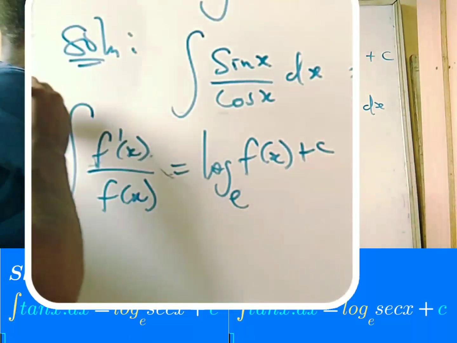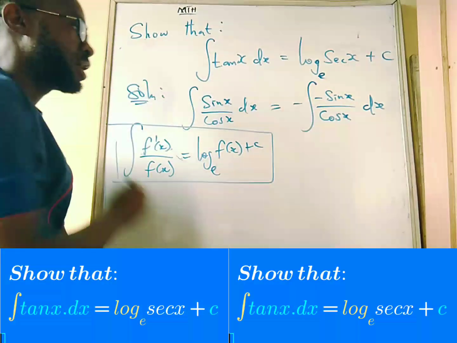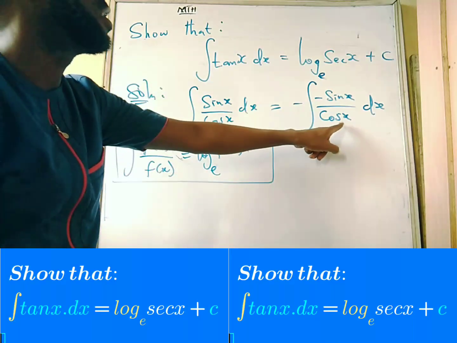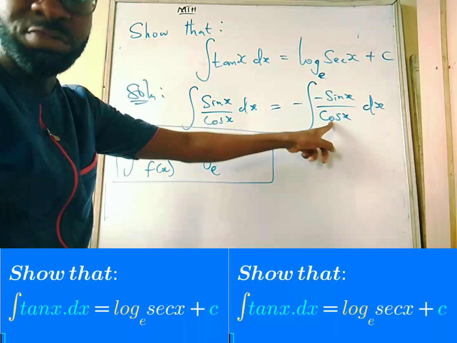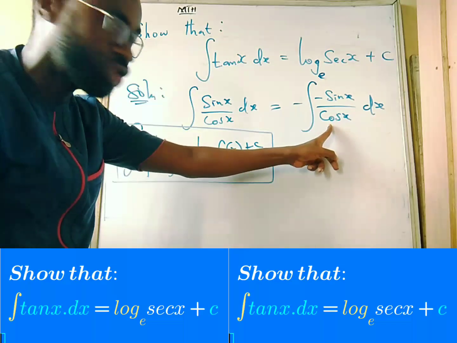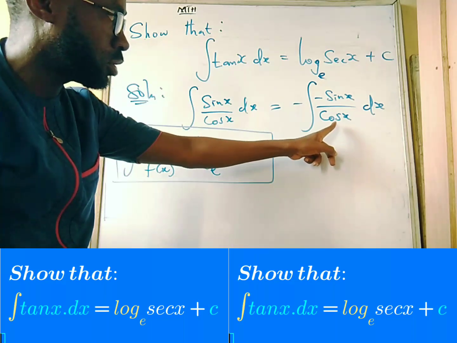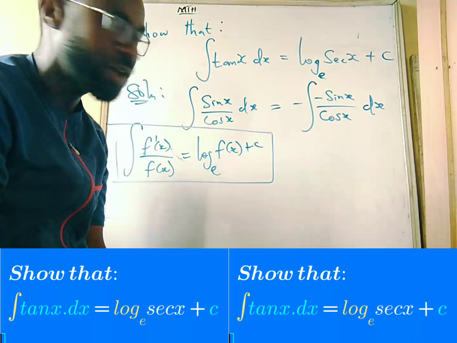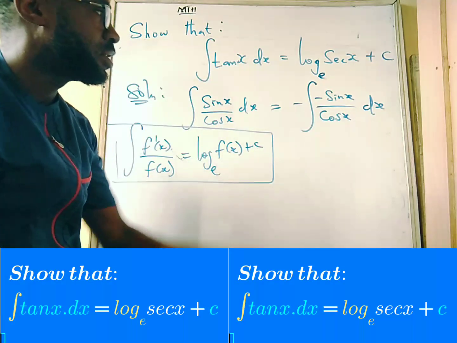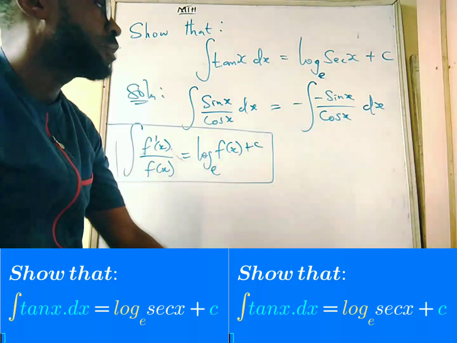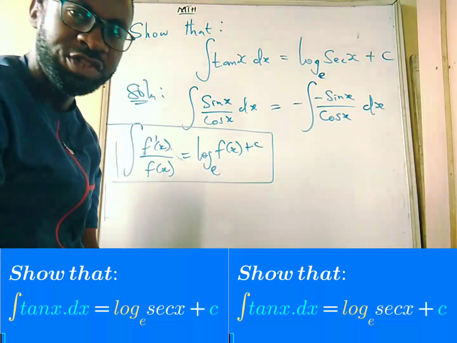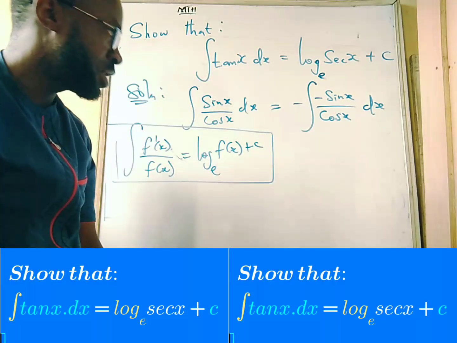In other words, this rule is simply saying that whenever you differentiate the denominator of a fraction and it gives you exactly the numerator, then the integral of that function becomes the natural logarithm of the denominator. So that is what is happening here.